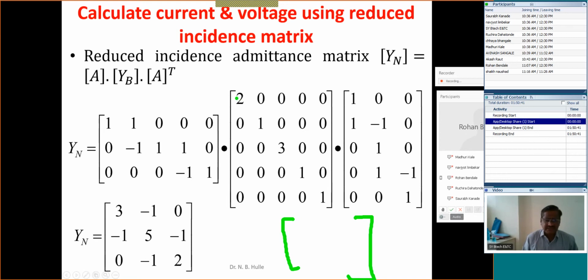If we are multiplying this first row with first column, how much is this entry? 2. If we are multiplying this first row with second column, how much is the multiplication and summation of the elements, which is 0, I guess. Is it right? This is 2 into 0, 0 into everything. Again, this is 2 into 0, but this entry will be 0. It is something like this. This was first row, all columns, this will be the case.